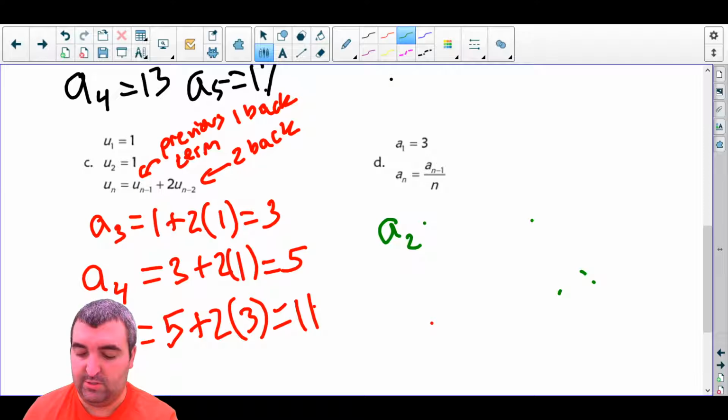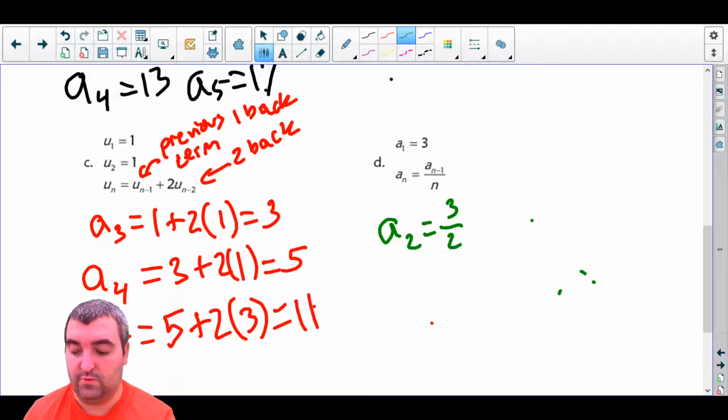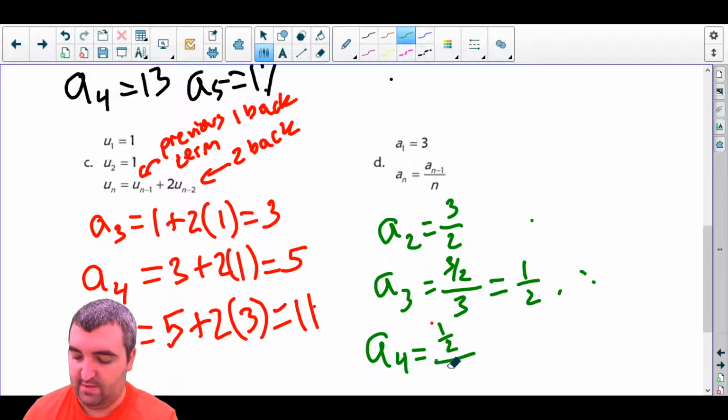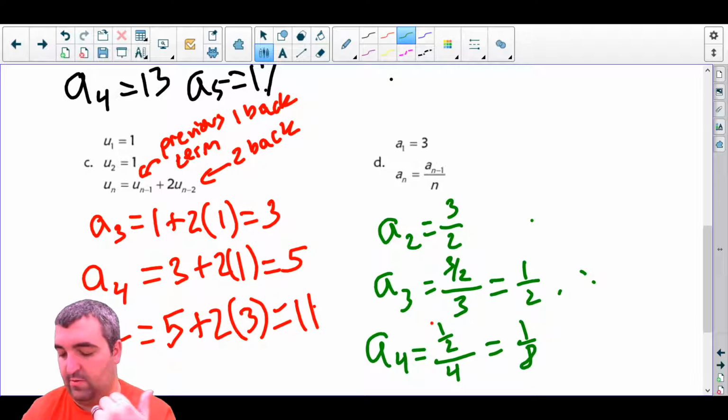So a sub 2 would be 3 over 2, because we're on the second term. A sub 3 would be the previous term divided by 3, so we'd simplify that, and we'd get 1/2. A sub 4 would be 1/2 divided by 4, which would be 1/8, and then so on and so forth.